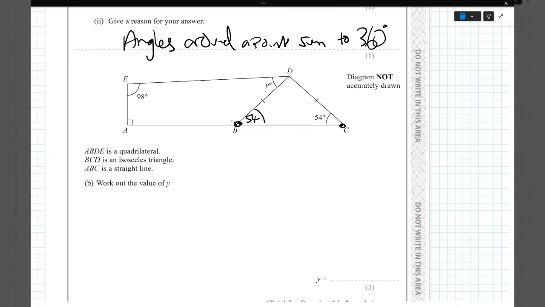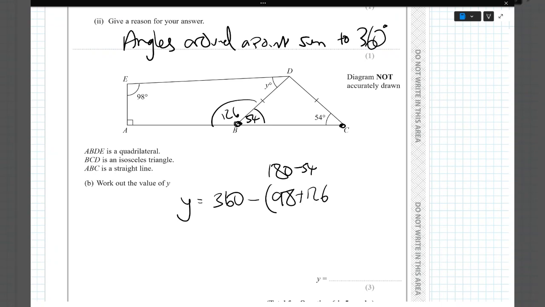We can now work out this angle in here. 180, take away 54. And I'm writing everything down for my examiner. Gives me 126. Finally, y is going to equal 360, take away 98, 126, and 90 degrees, which is what that little square represents.